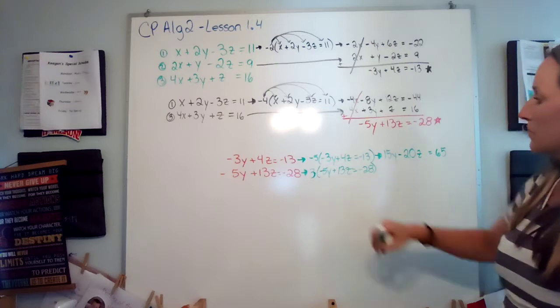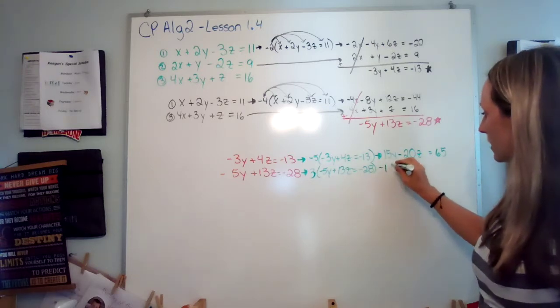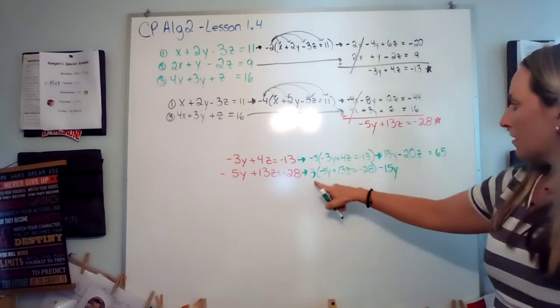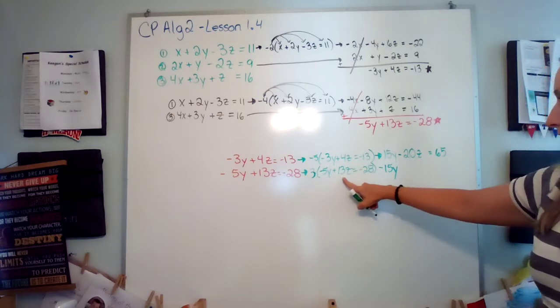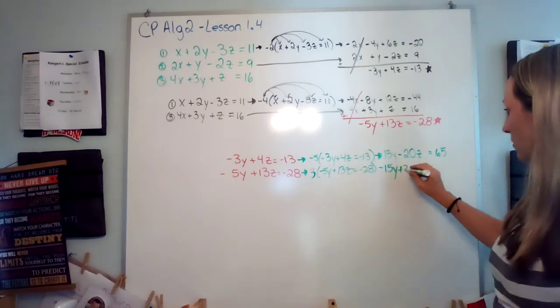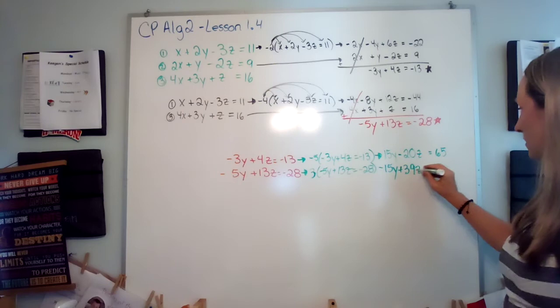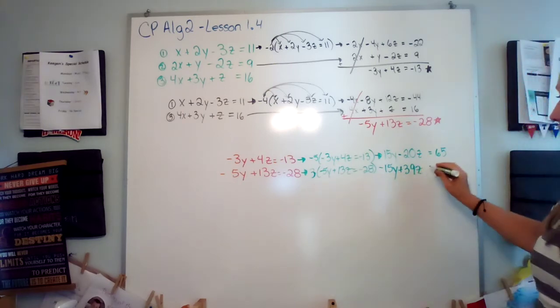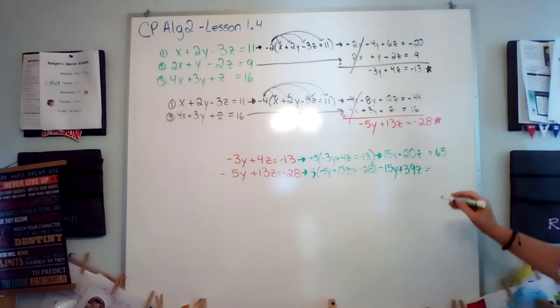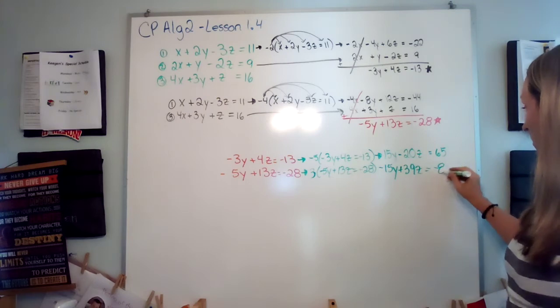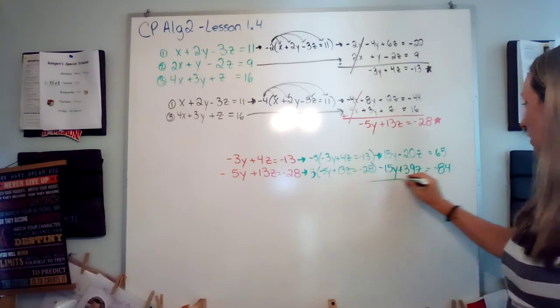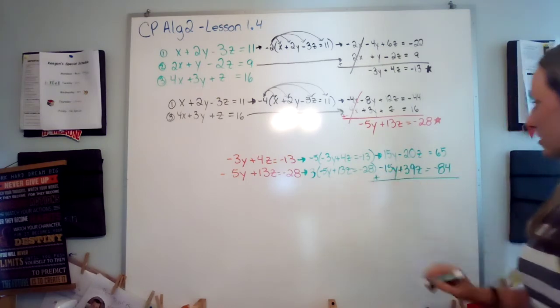So 3 times negative 5 is negative 15. 3 times 13 is a positive 39z. And 3 times negative 28 is a negative 84. All right, you're going to add and eliminate the y's.